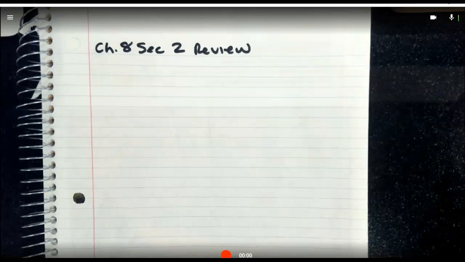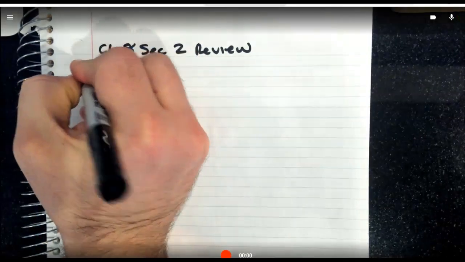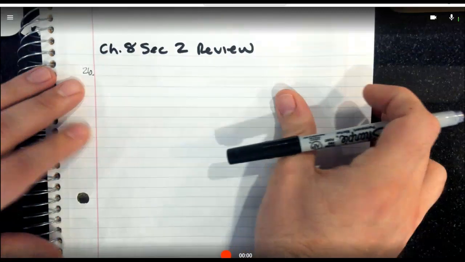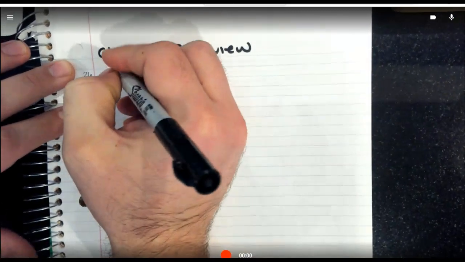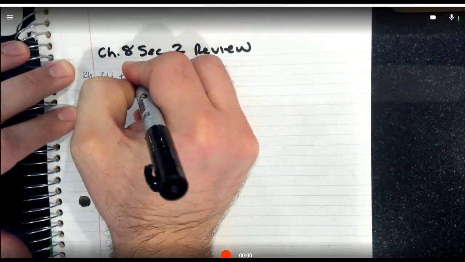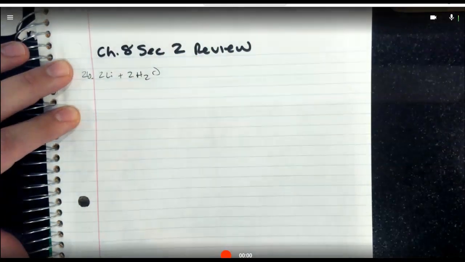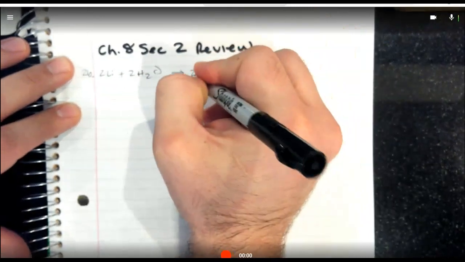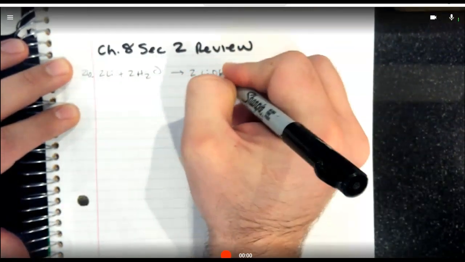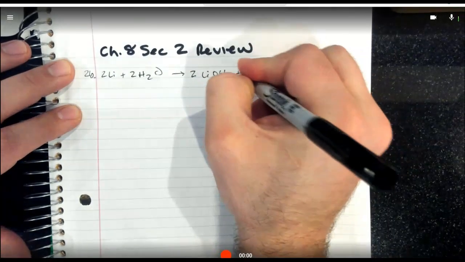If we take a look at 2B, 2B gives us the problem: 2 moles of lithium plus 2 moles of water will react to produce 2 moles of lithium hydroxide and 1 mole of hydrogen gas.